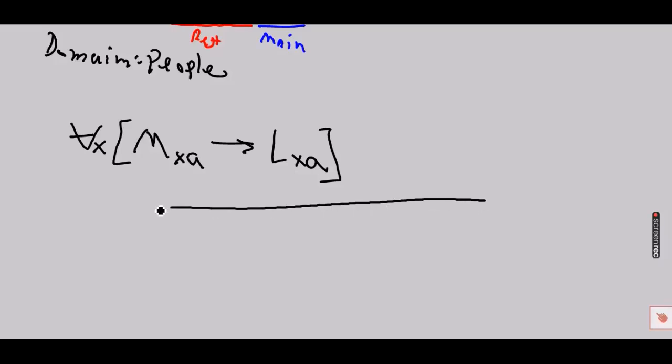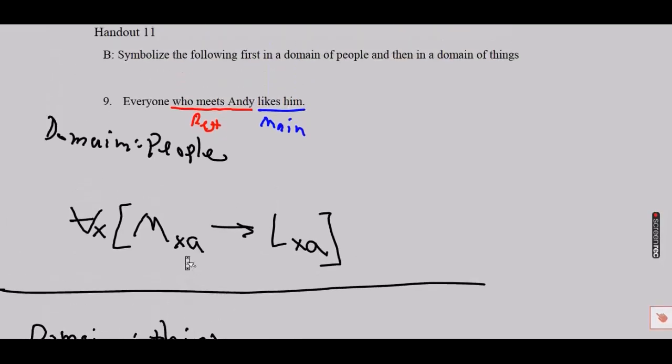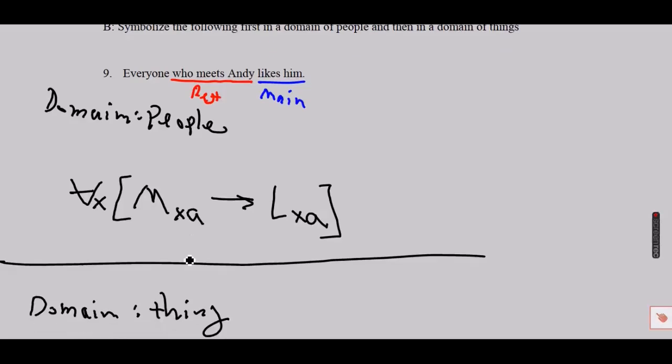So let's move here. This time we are going to use the domain of things and symbolize this very same statement that everyone who meets Andy likes him. Now, if you're using the domain of things, you need to make it explicit in your symbolization that we are talking about people, right?